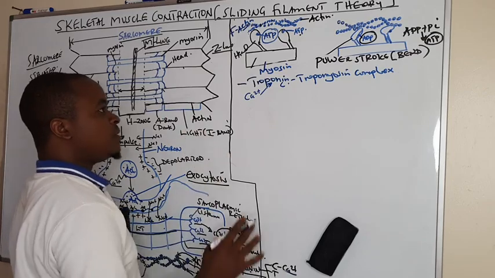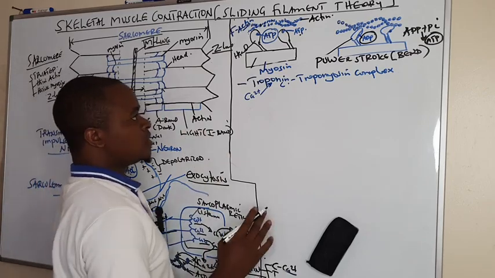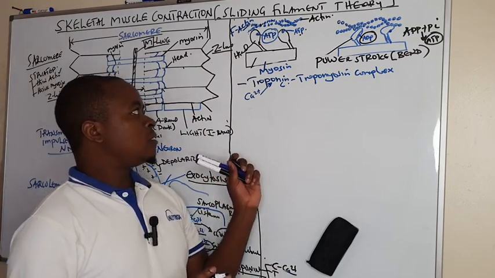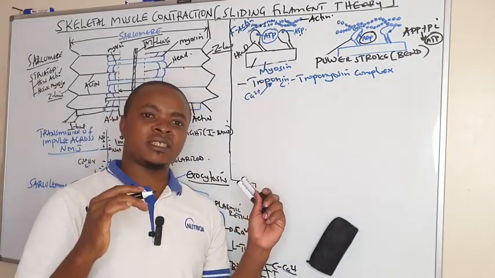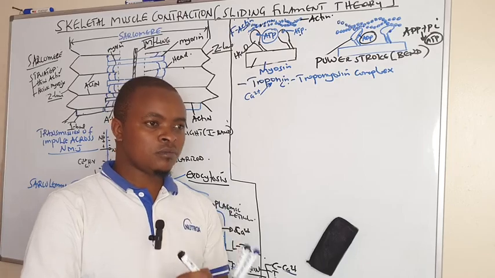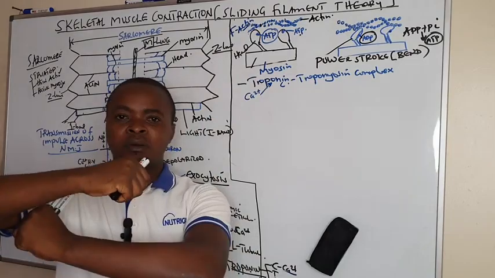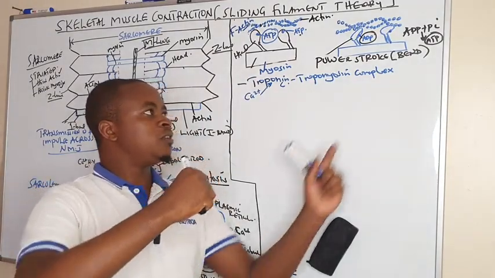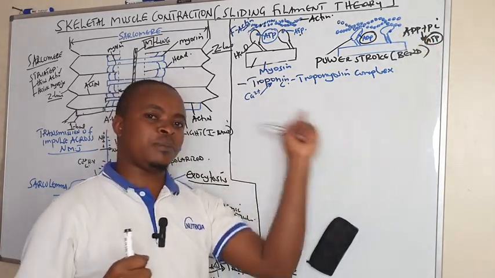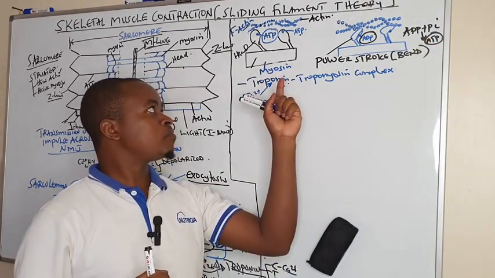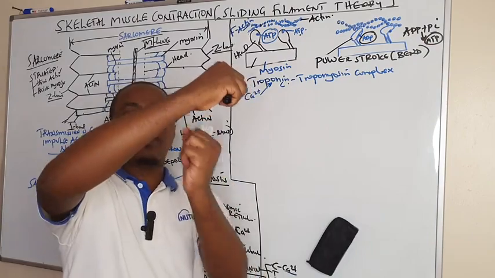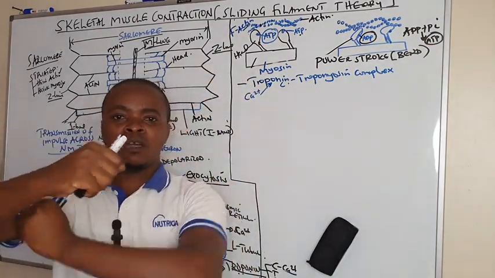And this ATP, so we are seeing when F-actin sites are exposed, the myosin head keeps binding on F-actin, causing a power stroke, and it pulls. We resynthesize ATP. ATP comes back, and then causes another one to bind, causes a power stroke, pulls.